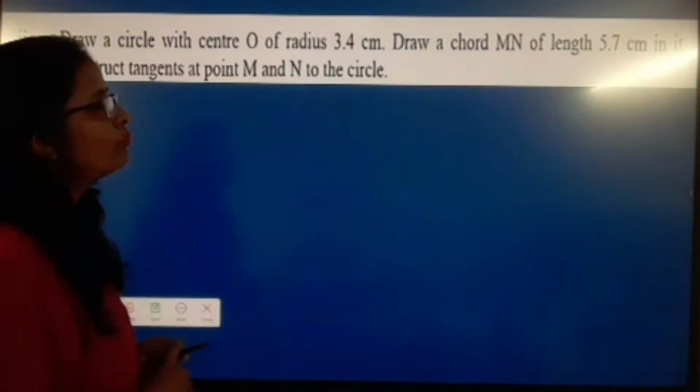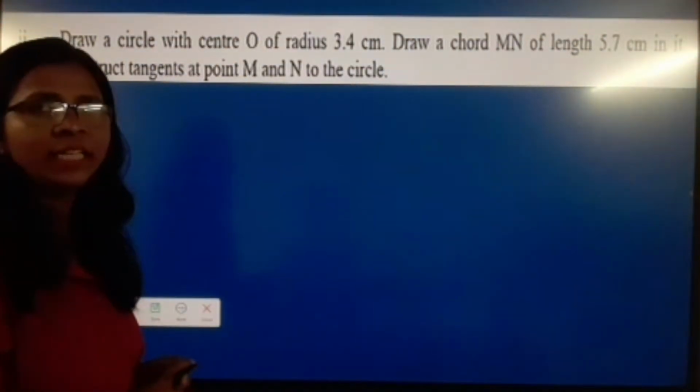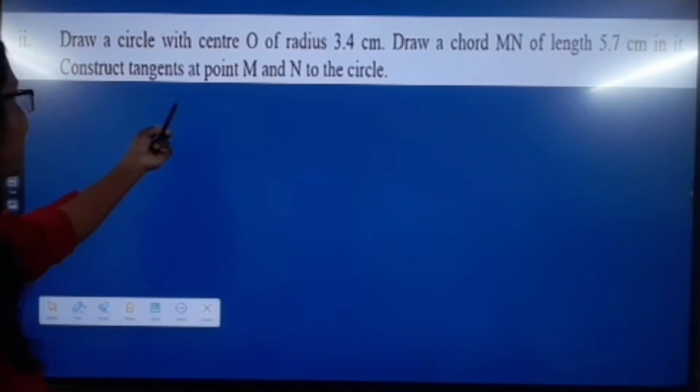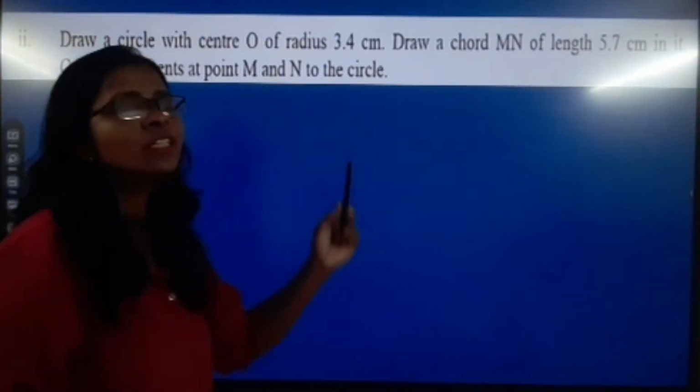Draw a chord MN of length 5.7 centimeter in it. Construct tangents at points M and N to the circle.